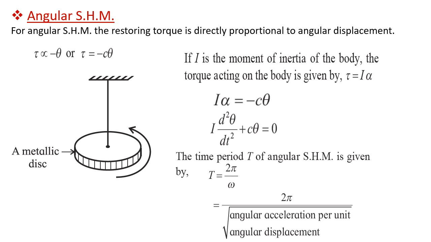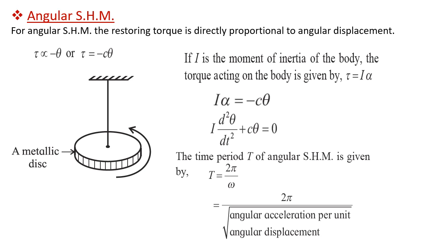Now from rotational motion, we know that if you consider I as the moment of inertia of the body, then the torque acting on the body will be given by torque equals I alpha, where I is the moment of inertia and alpha is the angular acceleration.